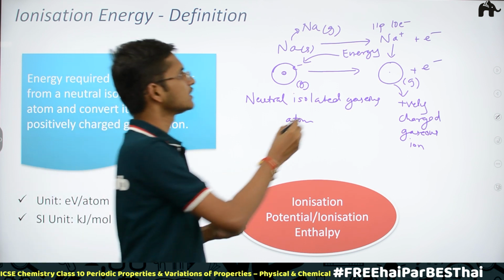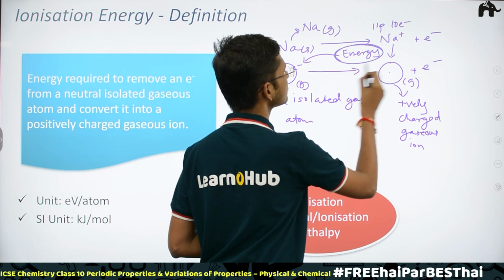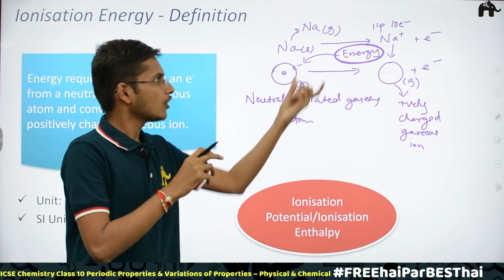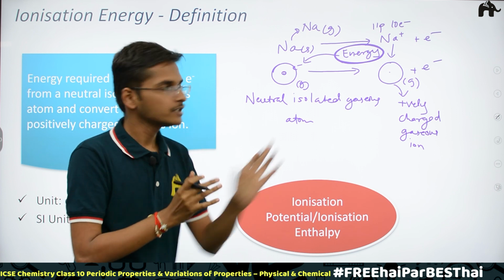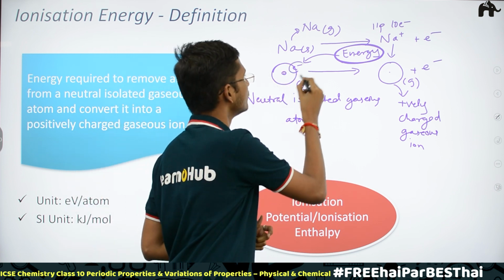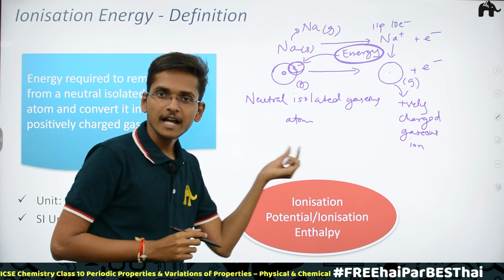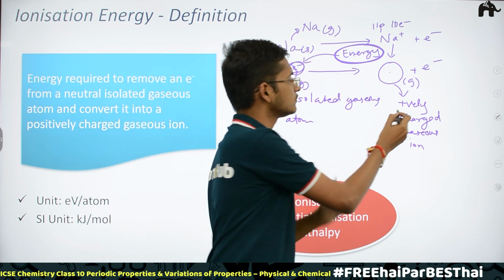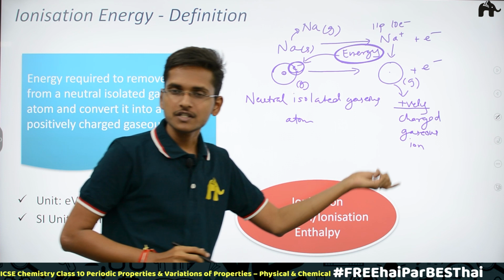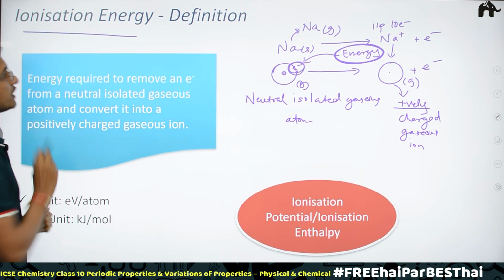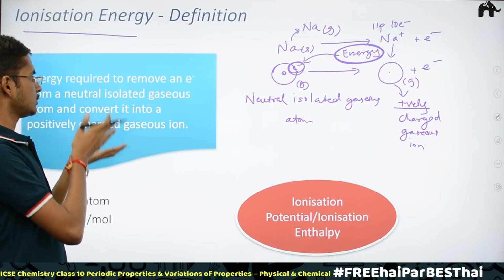It's very simple. This energy which we are supplying, or which is required to remove this very electron from the neutral isolated gaseous atom to convert it into a positively charged gaseous ion, this energy is called ionization energy. Here you can see the definition.